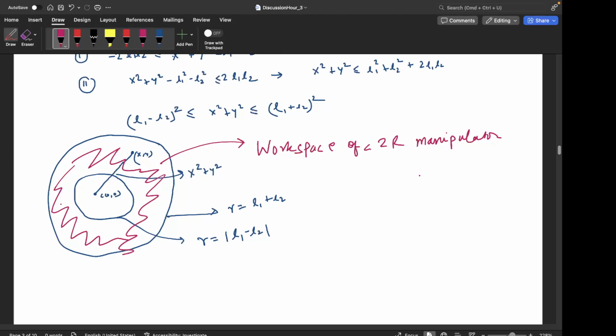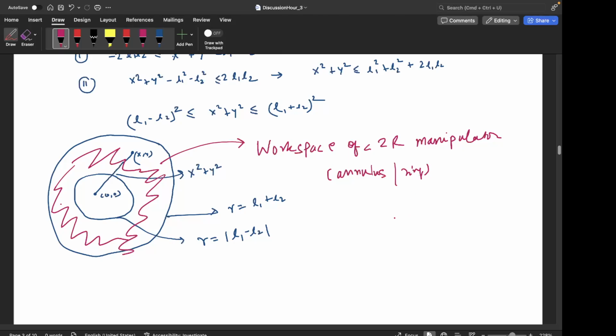So what we find out is that the workspace is this shape we can call a ring or an annulus, right? It's an annulus or a ring. And now where workspace is useful is when we are designing manipulators or these serial robots for certain applications, and we want to know while designing whether my workspace is sufficient to do my desired task or application, right?